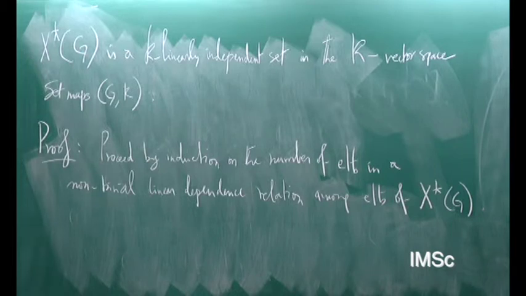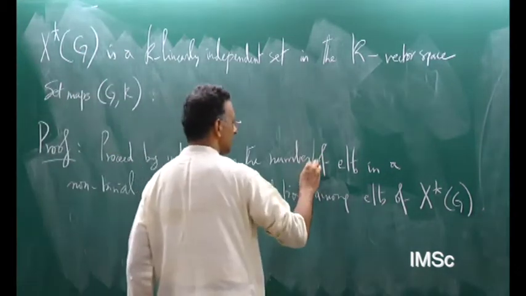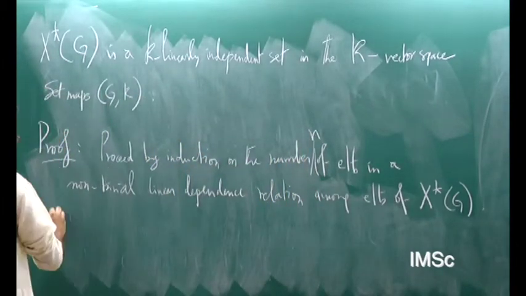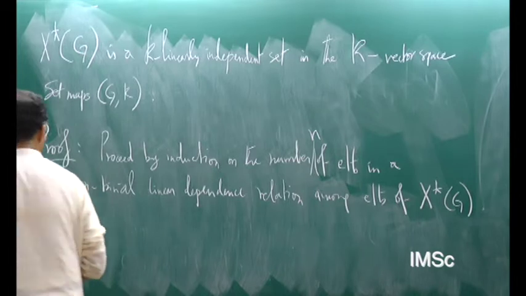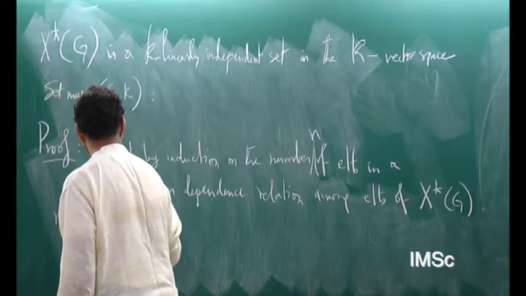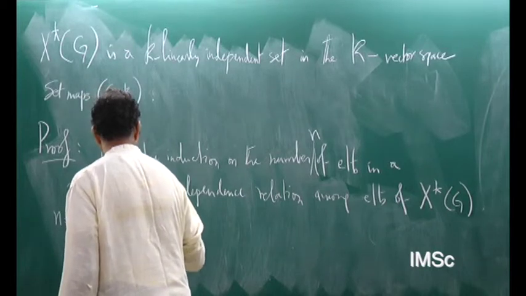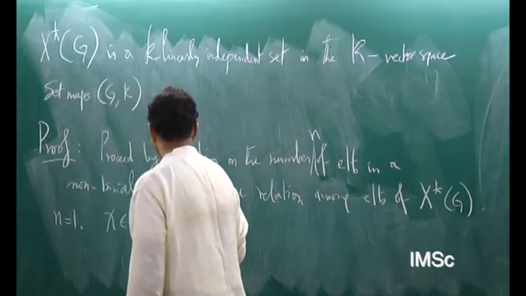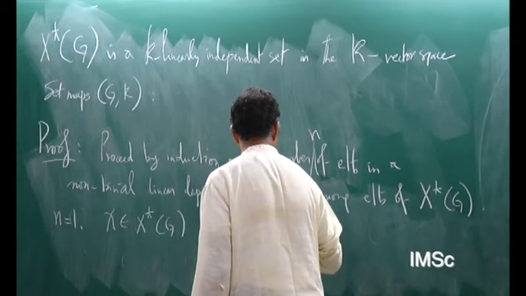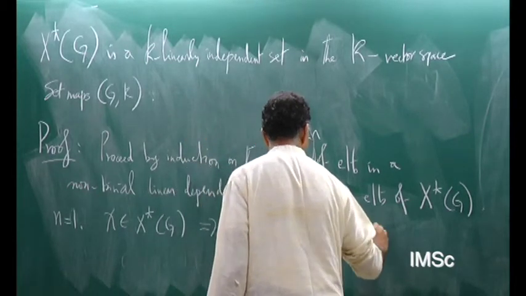Let's give this number a name, n. So if n equals 1, all I have to say is that chi in chi star G implies chi is non-zero, because chi of 1 is 1, for example.